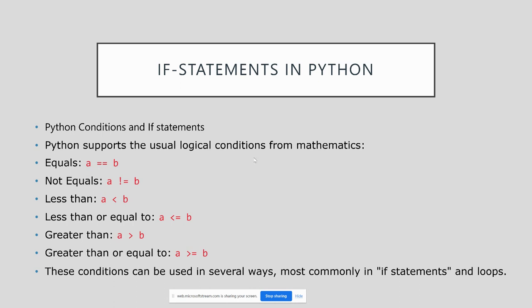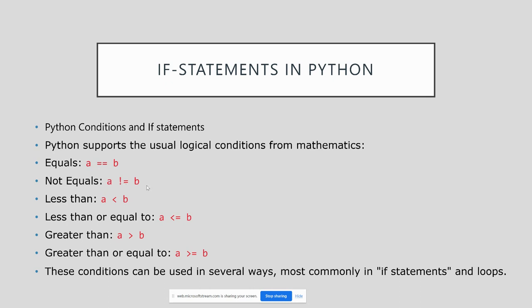Python supports the usual logical conditions from mathematics. So what that means. For example, if I want to say a equals b in Python, I would do a double equal b. If I want to say a not equal b, then a exclamation mark equal b. That means a not equal b.